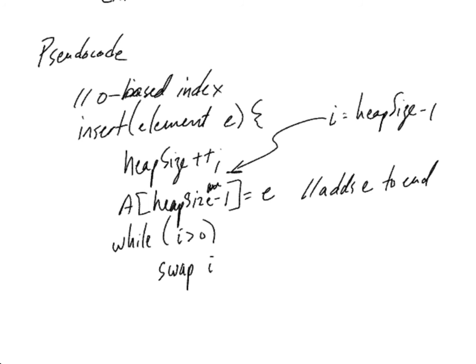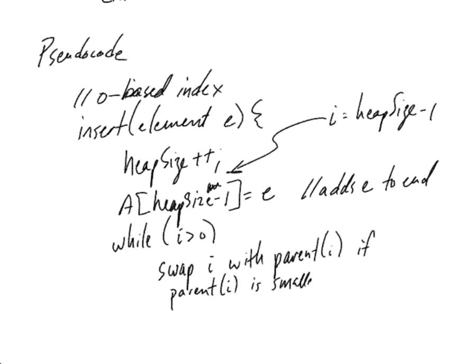So I is where we inserted the element E. So we're going to swap I with the parent of I, if the parent of I is smaller. And then we set I to be the parent of I, and we iterate until we reach the root. And that's it, we're done. You could say we're going to bubble that element up to its proper place in the heap, and we've inserted the element.